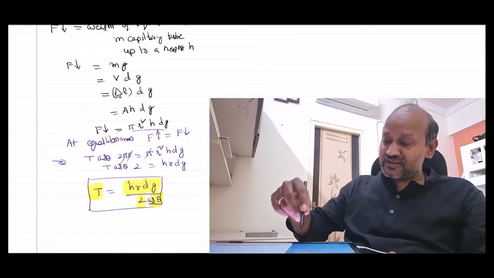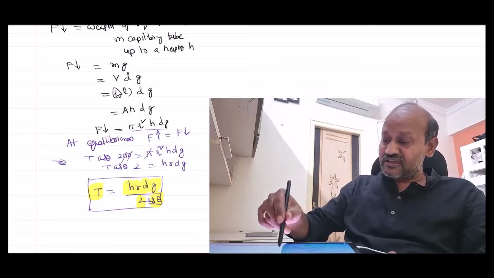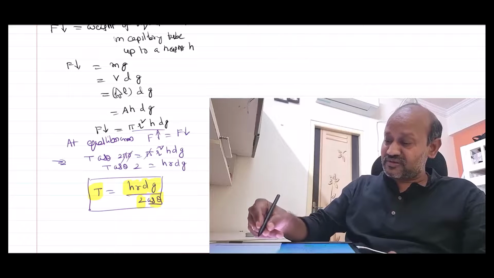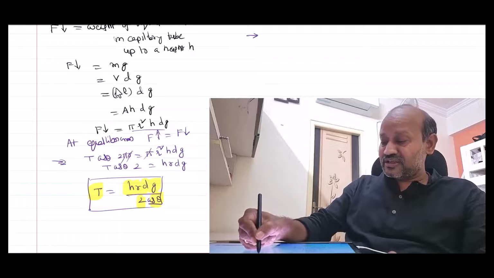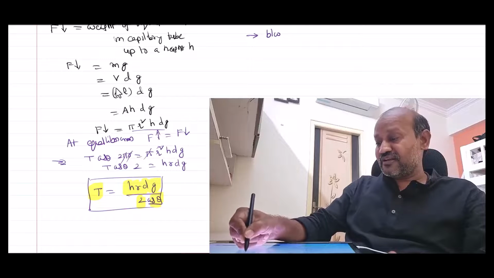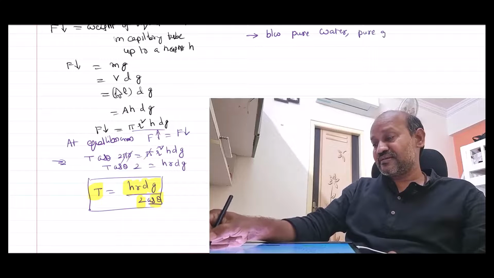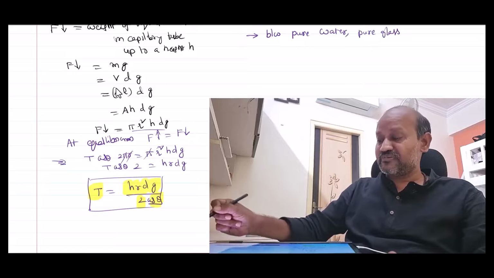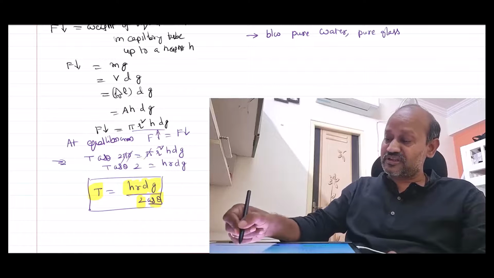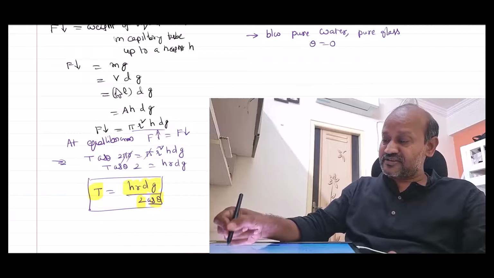But many times in general when we are solving problems, as I told you earlier, between pure water and pure glass, meaning the capillary tube is made up of pure glass and the liquid taken is pure water, the angle of contact is 0.